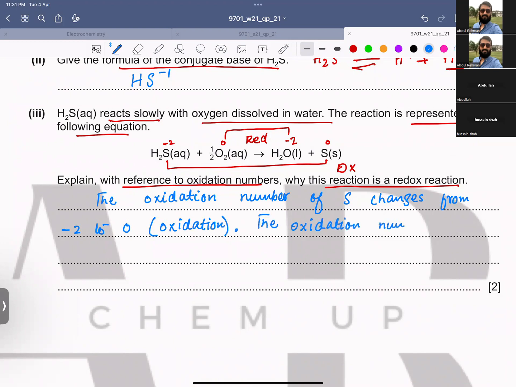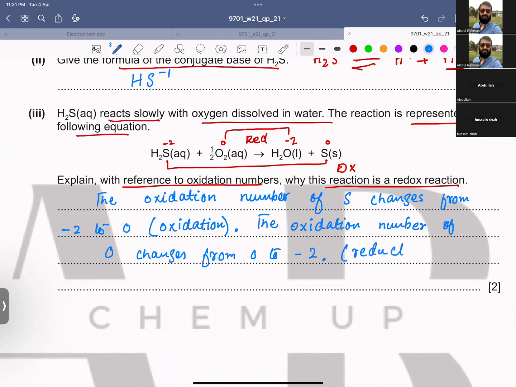The oxidation number of oxygen changes from 0 to -2, so it is a reduction.